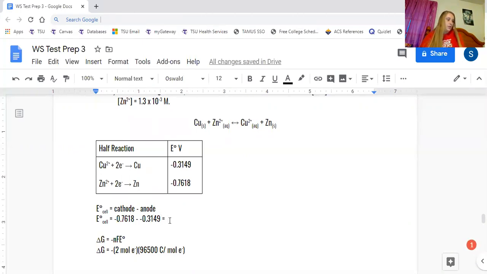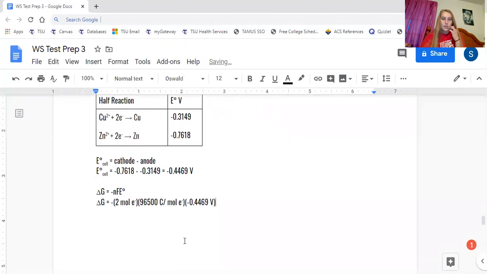And that gets you a value of negative 0.4469 volts. Okay, so now we have that value to go ahead and put it in here. So negative 0.4469 volts.